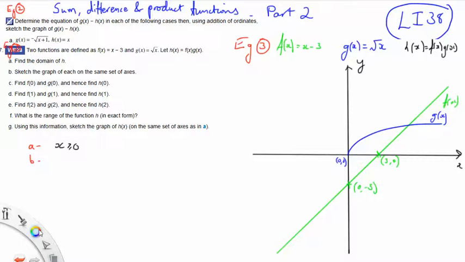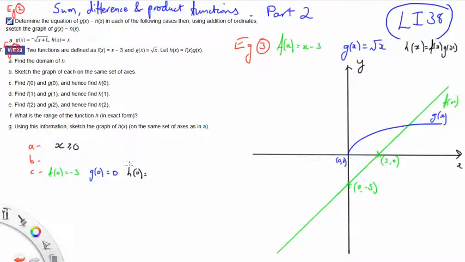Part C. Find f of 0 and g of 0, and hence find h of 0. Well, what's f of 0? 0 minus 3, it's minus 3. g of 0 is the square root of 0, which is 0. And h of 0, well, no point subbing it into that times that.